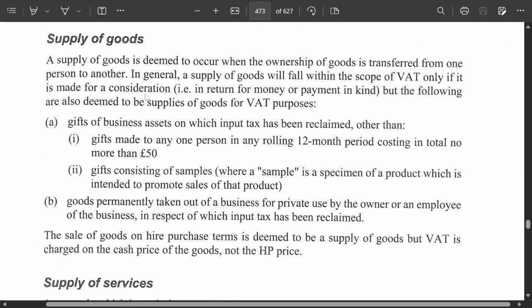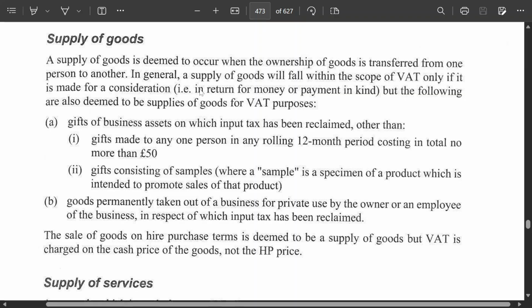It has to be made for a consideration, because we said that the definition of taxable person is also a person, any kind of entity, making a supply of goods or services for consideration. Consideration, if you remember, the definition is given here, but this is a very narrow definition. We had given you a much broader definition under contract law in the previous semester, if you remember that, right?